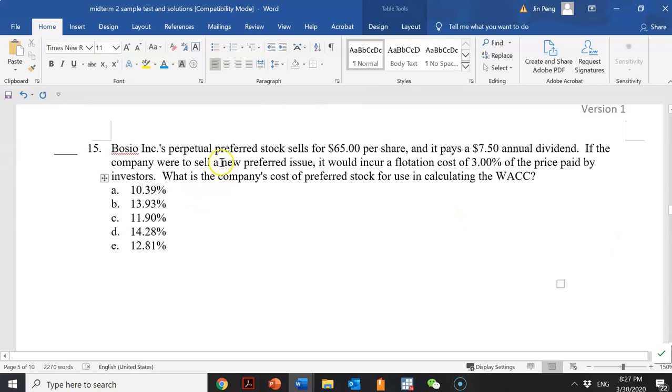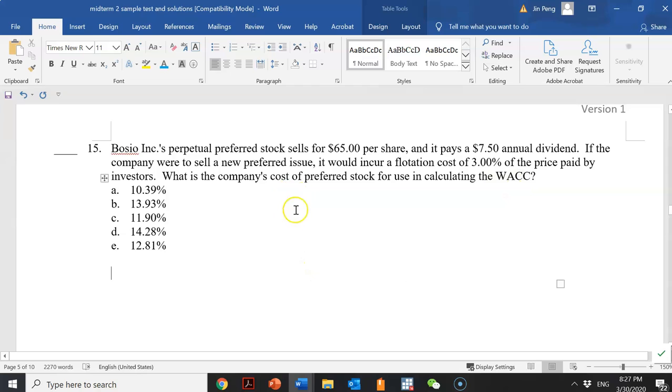So we have perpetual preferred stock that sells for $65 per share. It pays a 7.5 annual dividend. If the company were to sell a new preferred issue, it would incur a flotation cost of 3% of the price paid by investor. What is the company's cost of preferred stock for use in calculating the WACC?